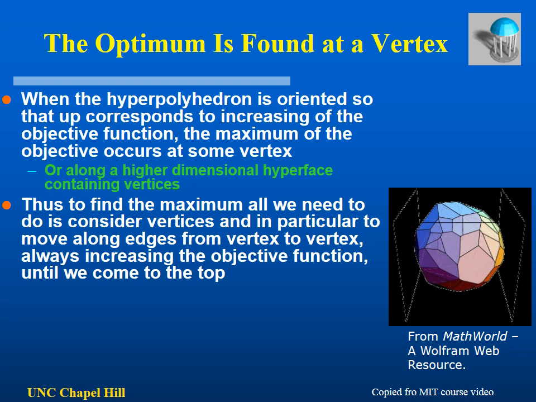But if, for example, one of the lines is equally high all along the line, anywhere on that line segment will be the optimum. But therefore, the vertices at the ends of that line segment will be optima. And so there is at least a vertex at which the optimum of the objective function is taken.